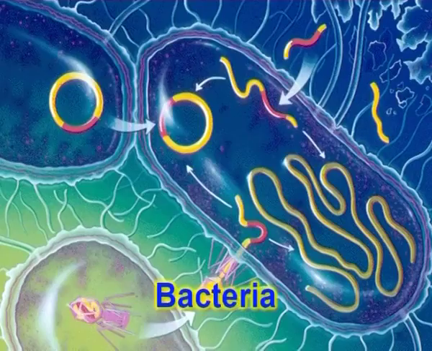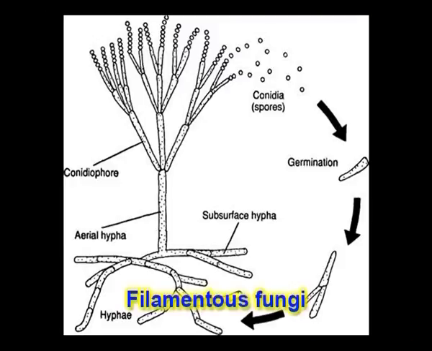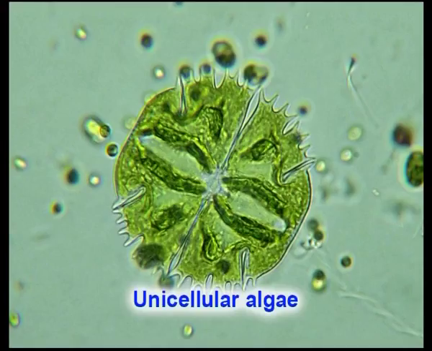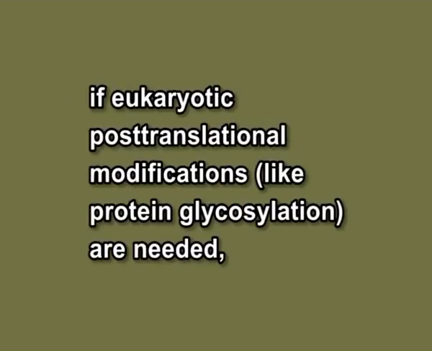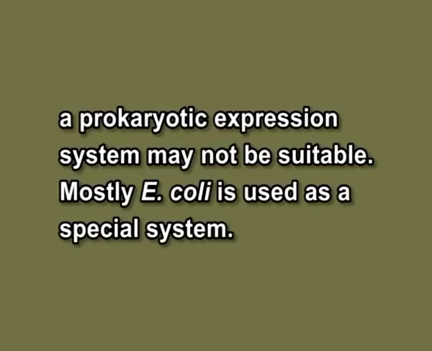Among the microorganism host systems that are available are bacteria, yeast, filamentous fungi, and unicellular algae. All have strengths and weaknesses, and their choice may be subject to the protein of interest. For example, if eukaryotic post-translational modifications like protein glycosylation are needed, a prokaryotic expression system may not be suitable.